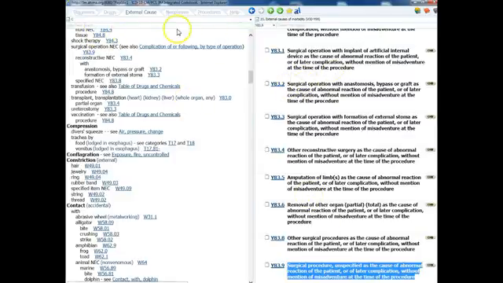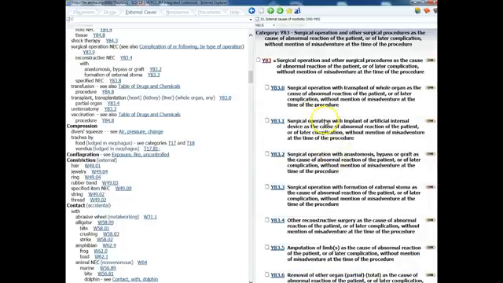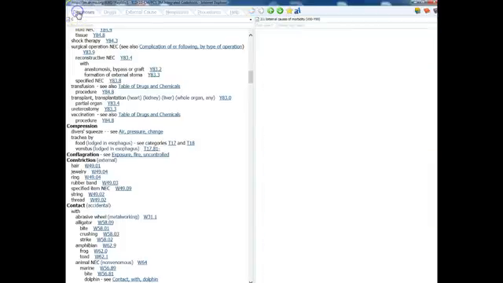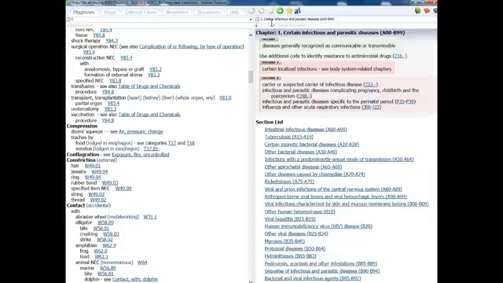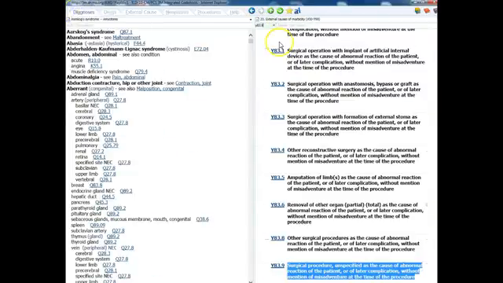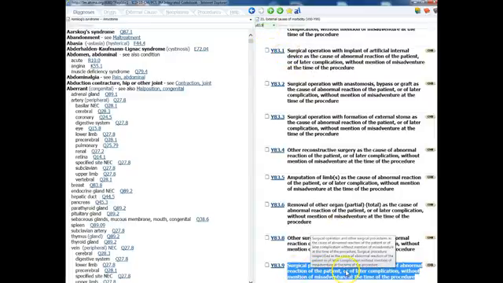If I want to find an external cause code, I need to choose the external cause tab. If I go to Y83.9 in the tabular, I can find this code. But if I try to find an external cause code in the diagnosis alphabetical index, I won't find it.